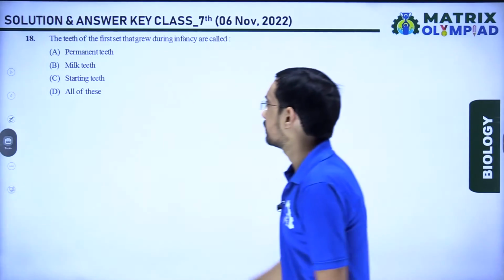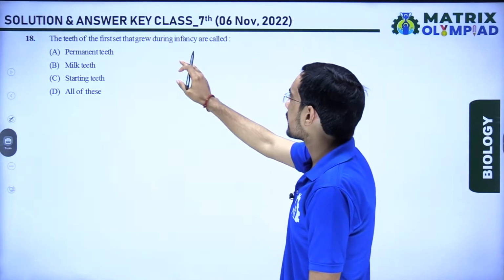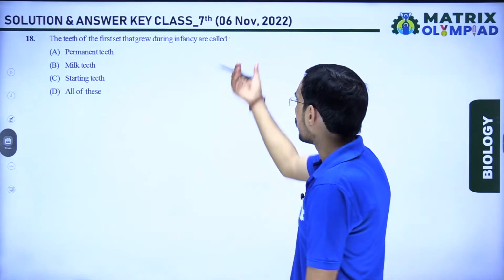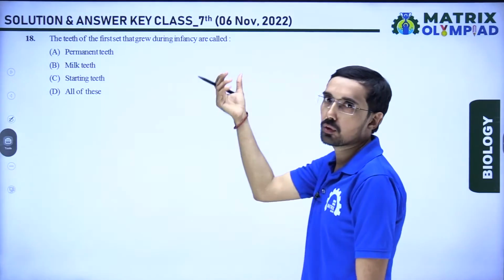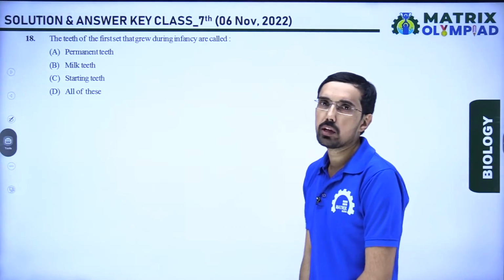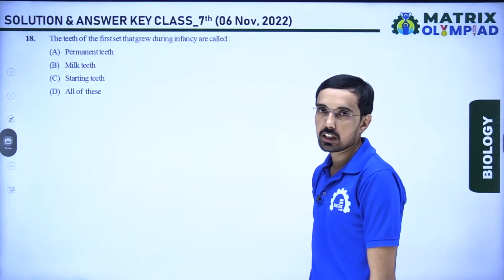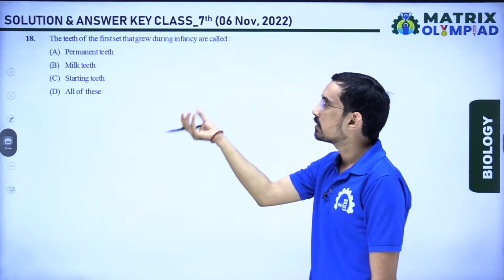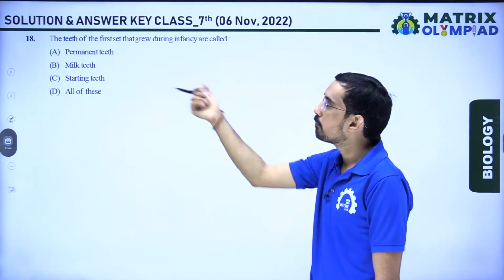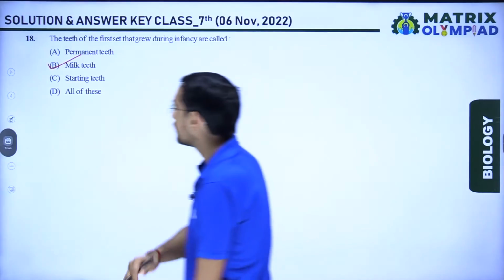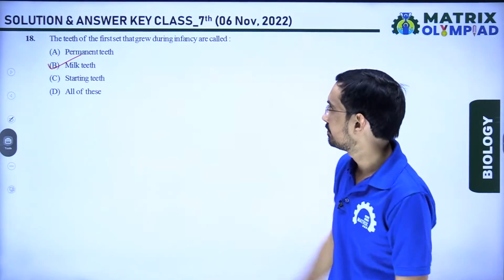Now next question. The teeth of the first set that grew during infancy are called... It is the age from 0 to 12 years in which temporary teeth start to appear. That's why these teeth are also known as milk teeth. So our correct option will be option B. Now next question.